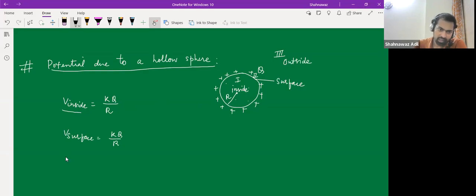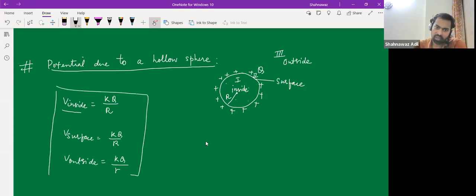Okay. And then we have V outside. So this would be KQ by R. So these are three results you guys just remember. And what is the graph of this potential?